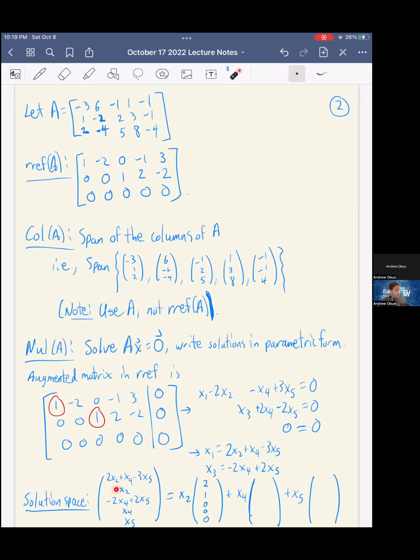We have a 2, a 1, and then all zeros. Then x4 is going to get 1, 0, minus 2, 1, 0, right? Because you got x4 here, you get nothing here, then a minus 2 here, and a 1 here, and nothing here. And lastly, x5 is going to be minus 3, 0, 2, 0, 1.